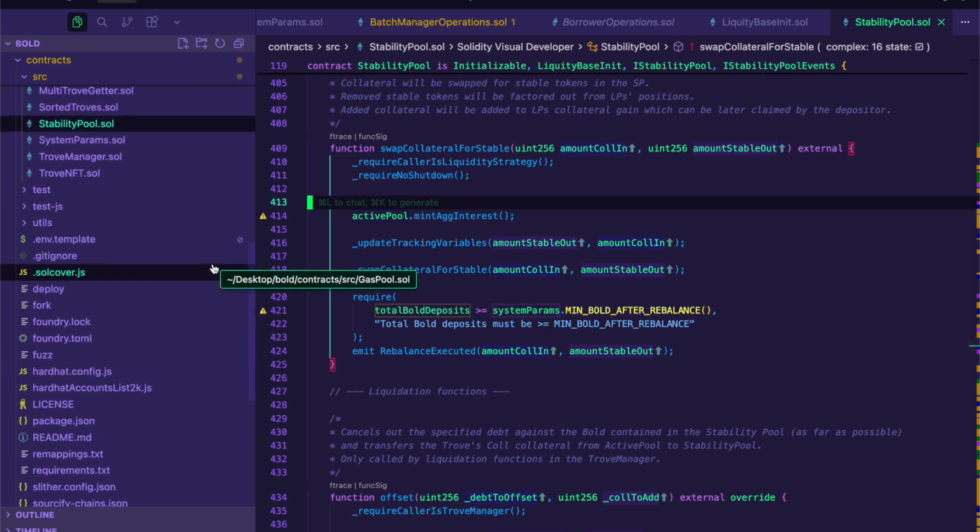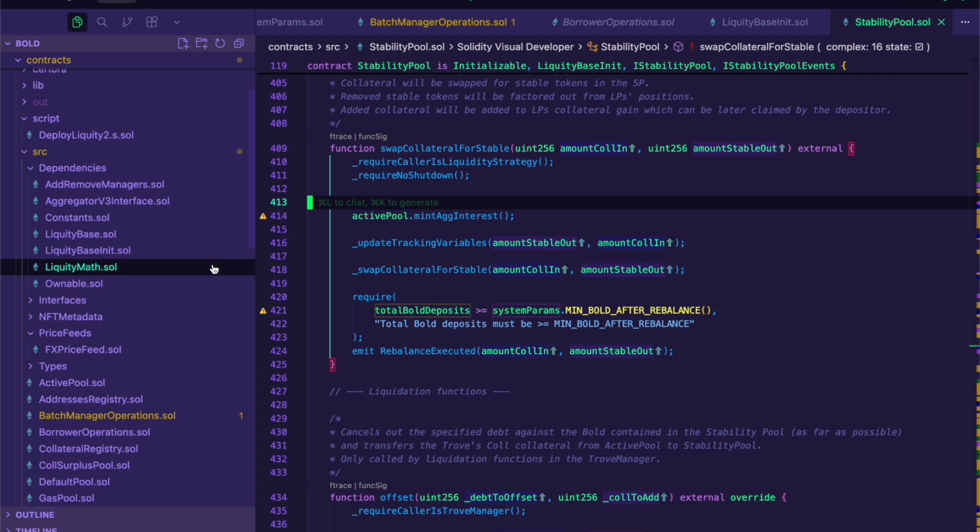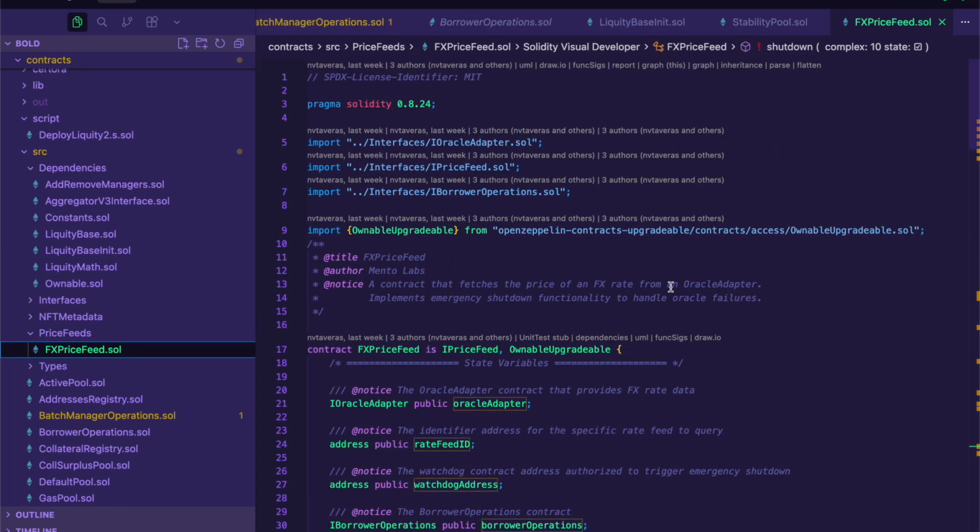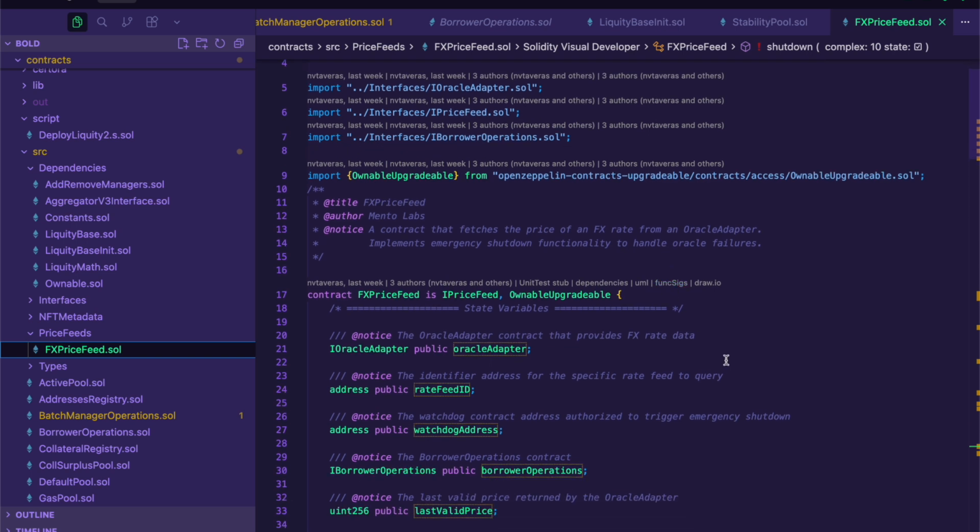The next thing that I want to talk about is this other contract called FX price feed. We changed how we interface with the price feeds, and we have an oracle adapter contract, which we're going to talk about later in the Mento core components.